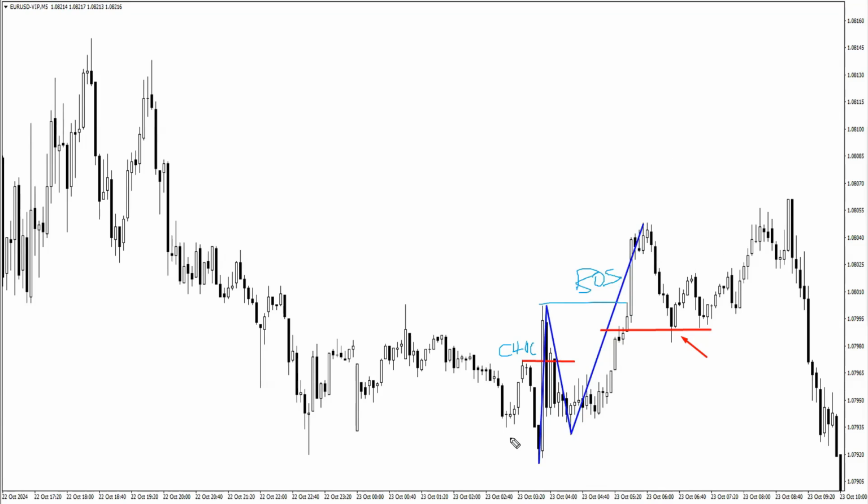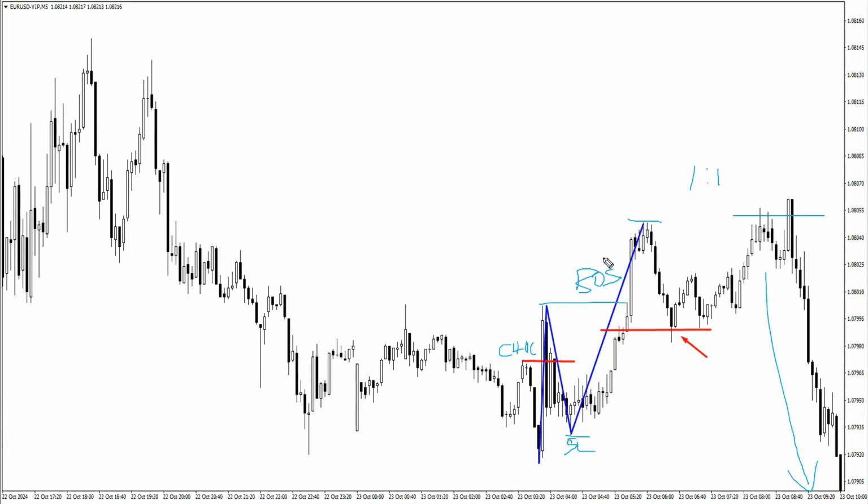So I measured here and put my stop loss just below here. This was my fib, and I did a 50% entry. The market gave me a 1-to-1 and then it took me up right after that. So this was one trade that I took.